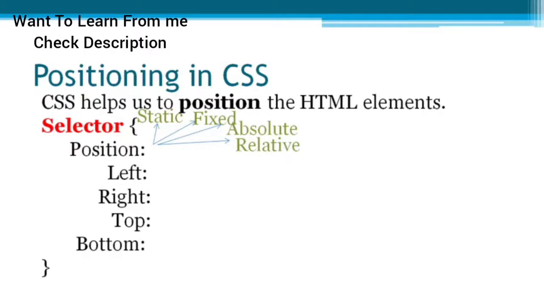So we can have four different types of positions for that particular HTML element, and then we can define the values of the left, right, top, bottom in terms of pixels, centimeter, millimeter, inches, etc. Whatever unit of measurement that we have been using earlier, we can use any of it.